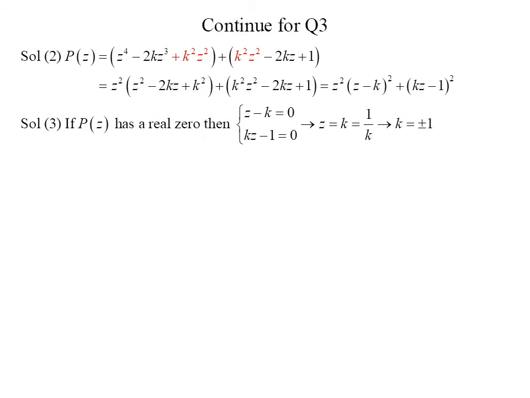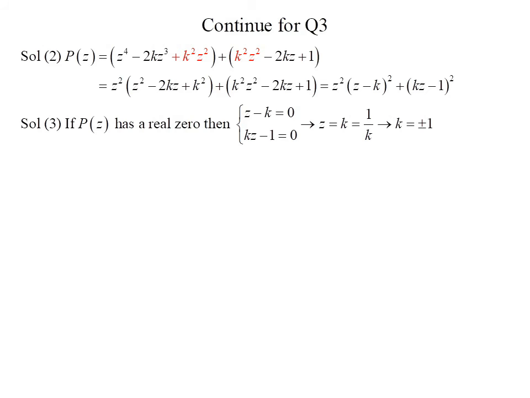As for question 3, if the quadratic polynomial pz has a real zero, then based on the expression deduced in question 2, in order to make the polynomial pz equal 0, both z minus k and kz minus 1 must be 0. So the values of the real zero and k are found by solving the two simultaneous equations.